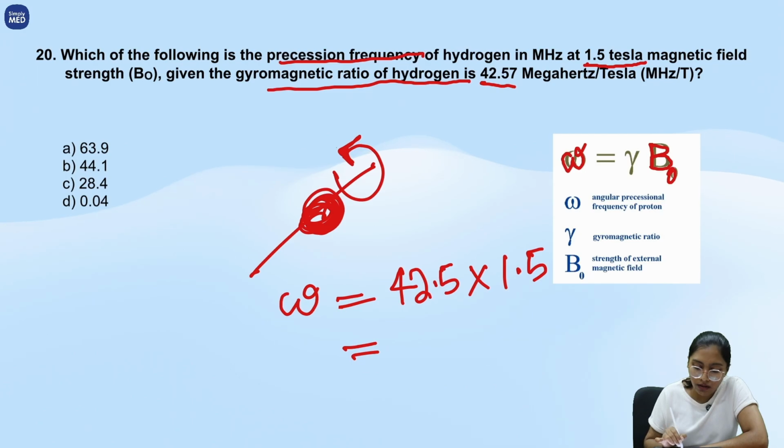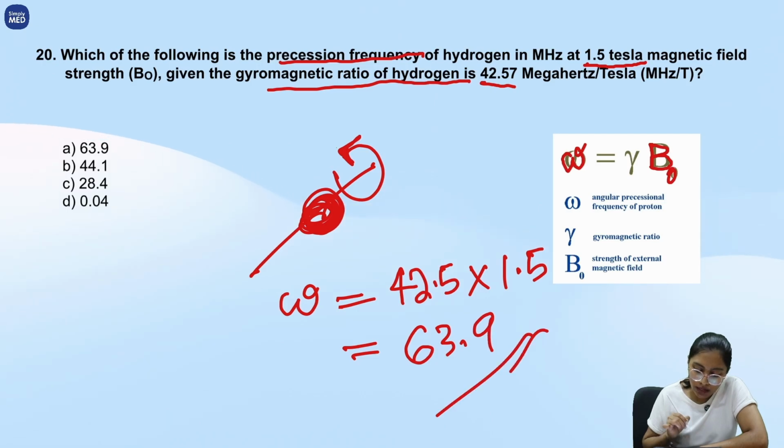So 1.5 into 42.57 is equal to 63.9. Very simple, just multiply them. Sometimes in the question the gyromagnetic ratio won't be given, so you have to know that hydrogen's gyromagnetic ratio will always be 42.57.